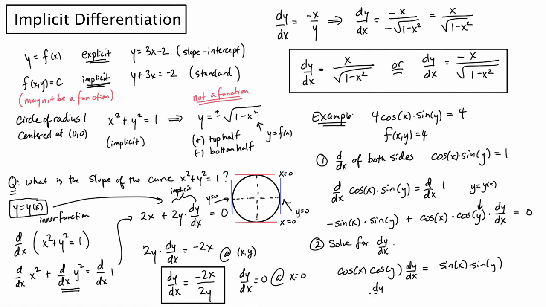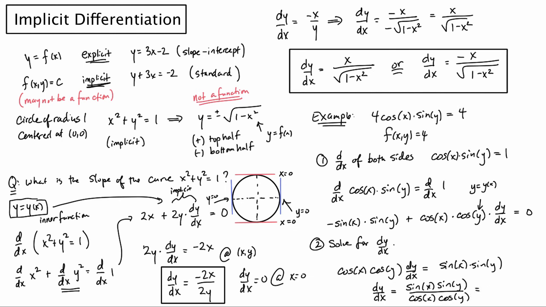And solving for dy/dx is as simple as dividing sine x and sine y by cosine x and cosine y.